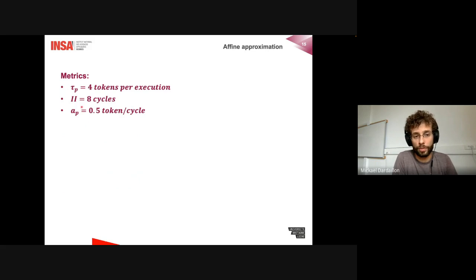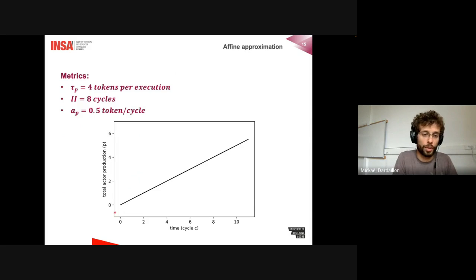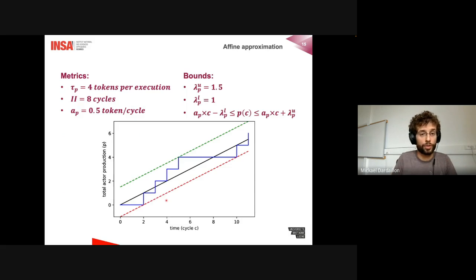So the production rate is 0.5 token per cycle: 4 tokens per execution divided by 8 cycles. So we get a linear approximation of the number of tokens produced. The real production could be either later or sooner, but it's around this trend. And what we're going to do is compute bounds based on that.